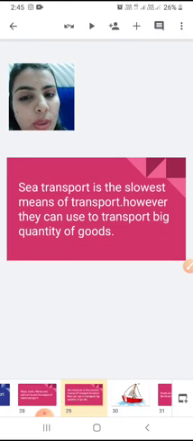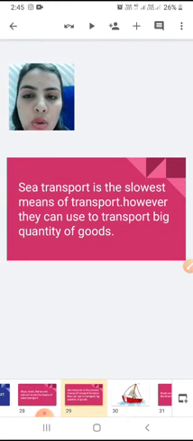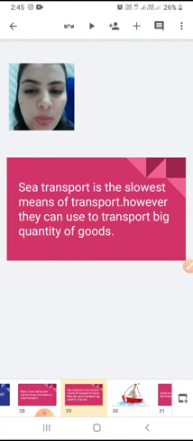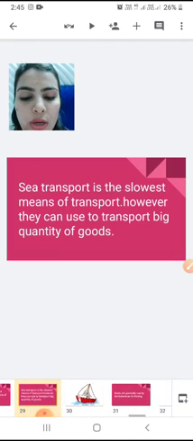But it is the slowest means, which is why most people use other means of transport.